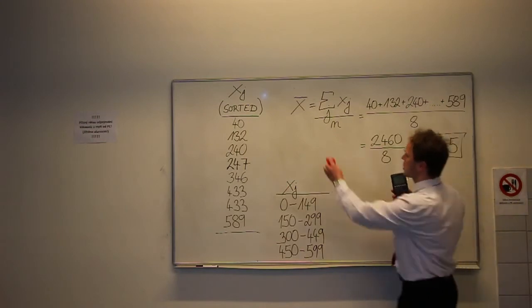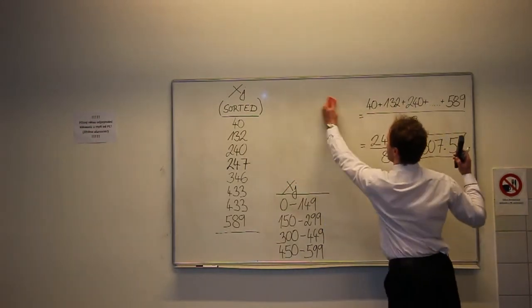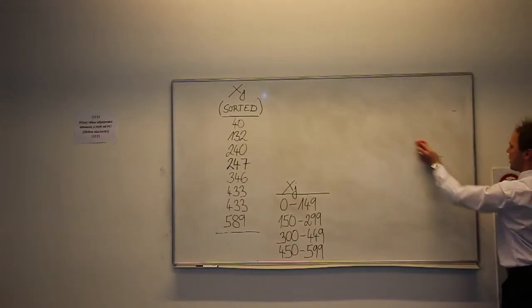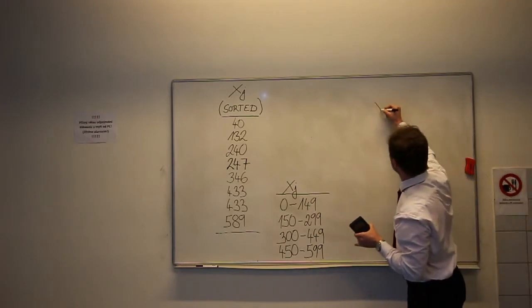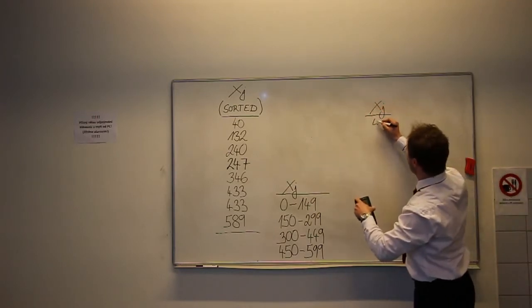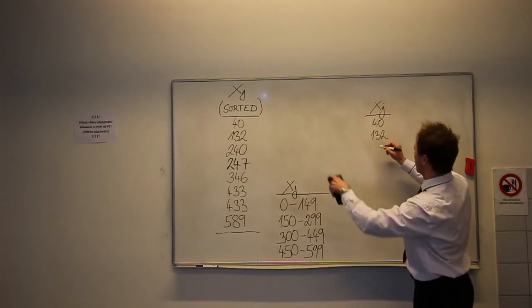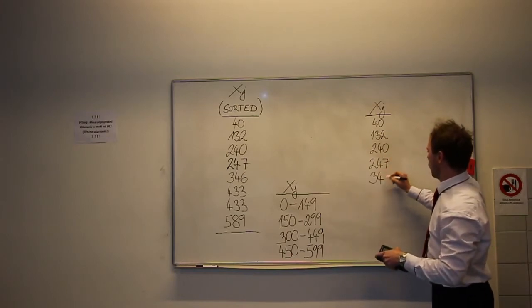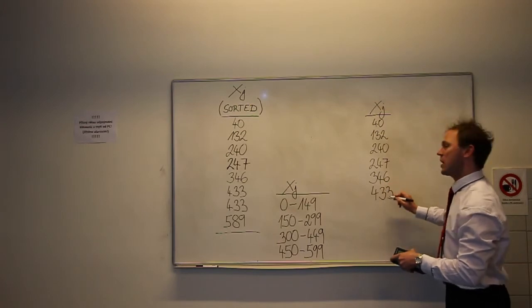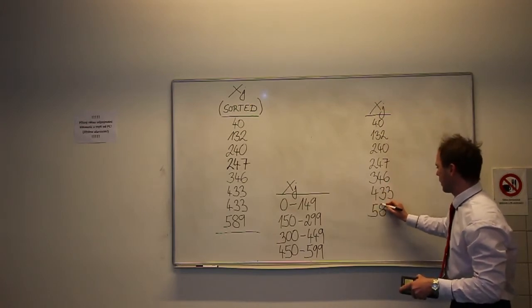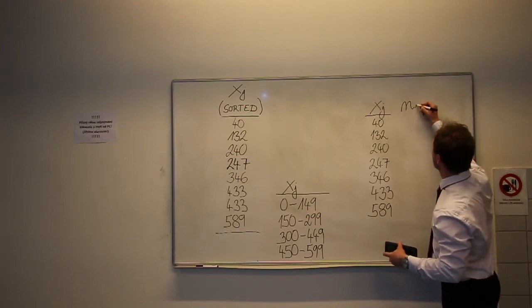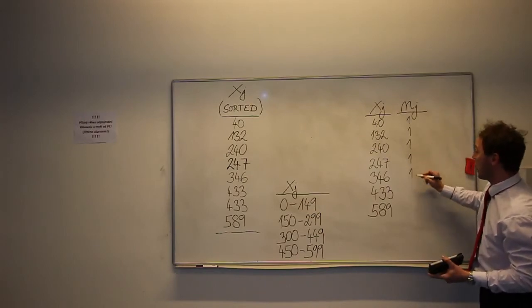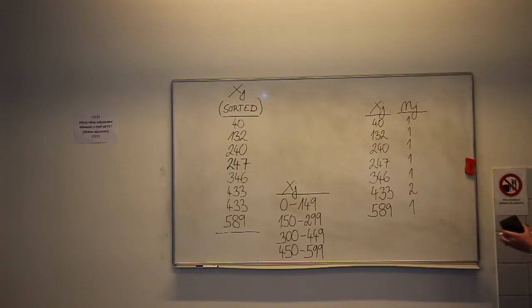Why? Because it would not make sense to use this type of table, xj: 40, 132, 240, 247, 346, 433, and 589, with frequencies nj of 1, 1, 1, 1, 1, 2, 1.